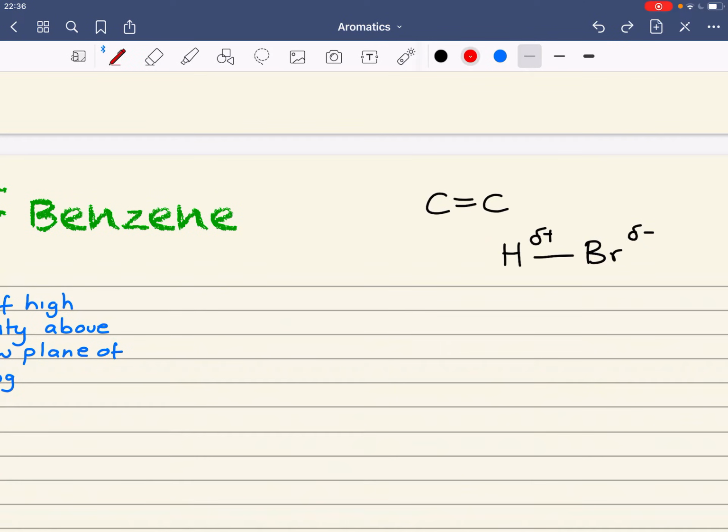And remember we said that we get a mechanism that starts off looking something like this. So we looked in alkenes at this carbon-carbon double bond being a region of high electron density, and that therefore attracts electrophiles, that is species which can accept a pair of electrons, and these species usually have a positive charge or a delta positive charge.